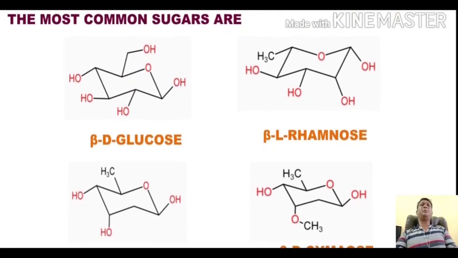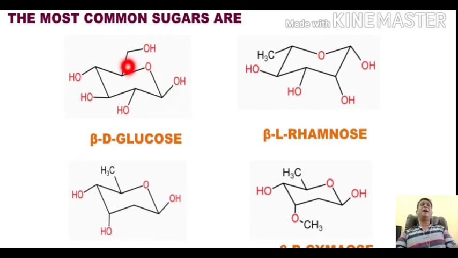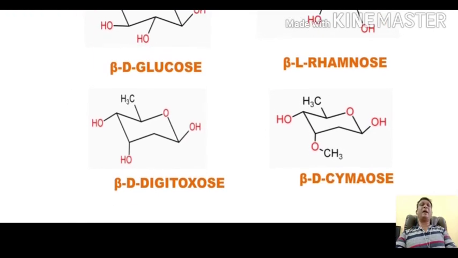A slight modification, that means if this hydroxymethyl group is removed from here and a methyl group is inserted over here, this leads to the formation of another sugar moiety which is called beta L rhamnose. So dear students, with CH2OH it is beta D glucose, and with the methyl group it becomes beta L rhamnose.